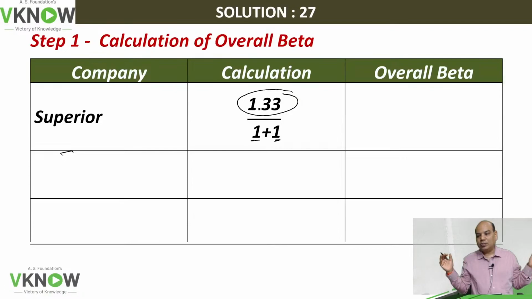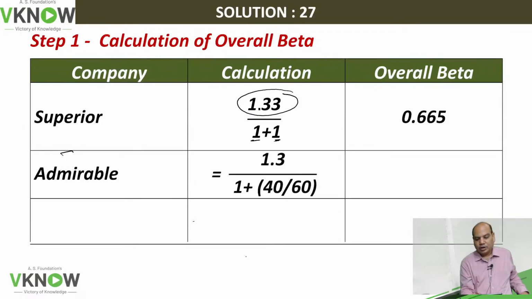So my overall beta of Superior Limited is 0.665.